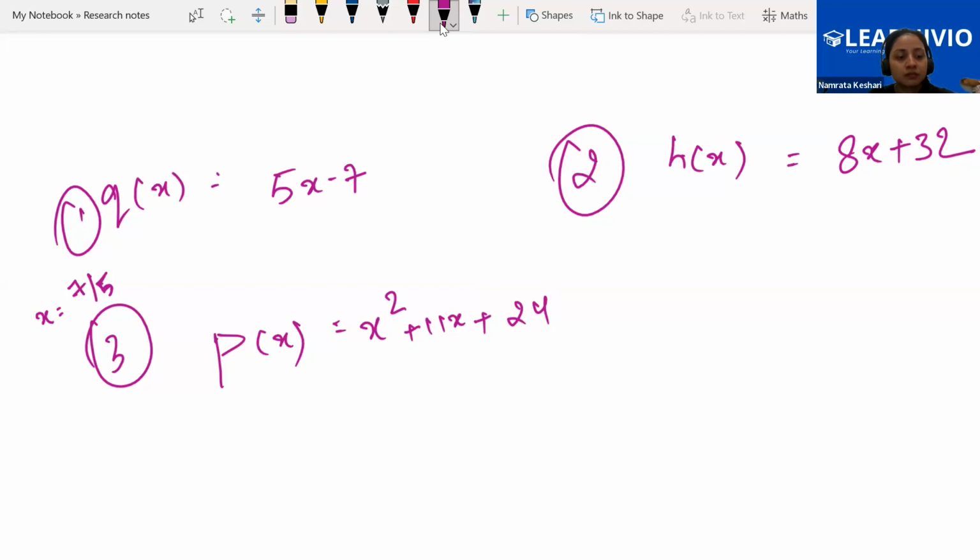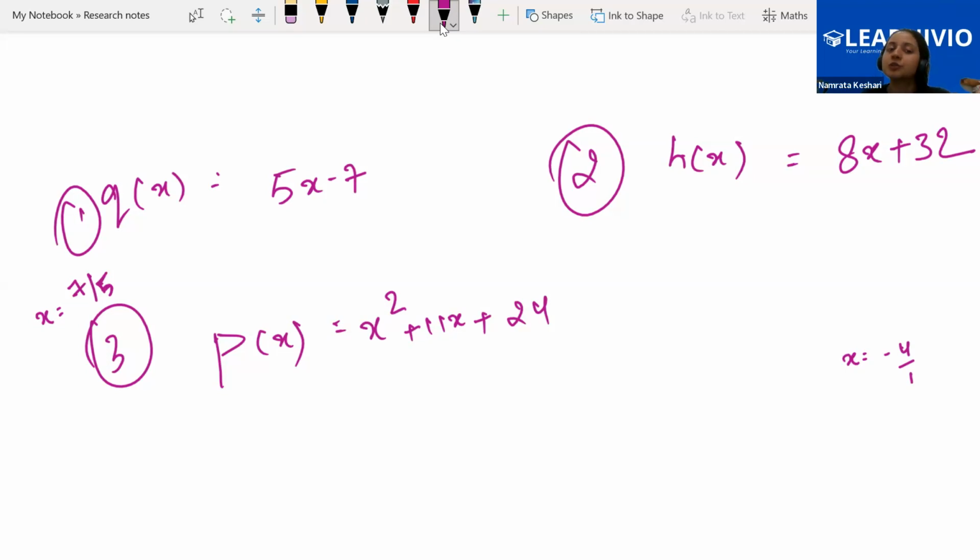Negative 4 by 1. Yes, Junaid, are you getting the same? X equals negative 4 by 1. I didn't finish it yet. There's the second one. Yes, okay, we'll be discussing it.